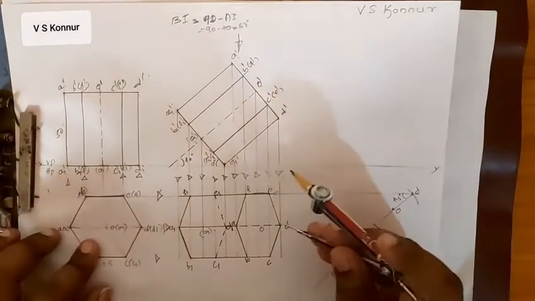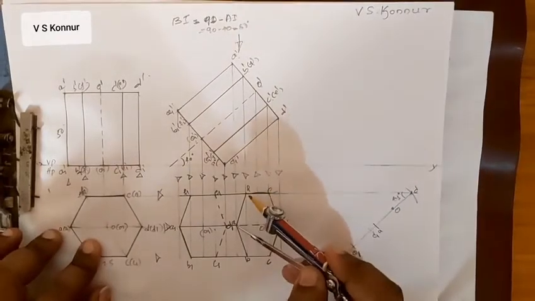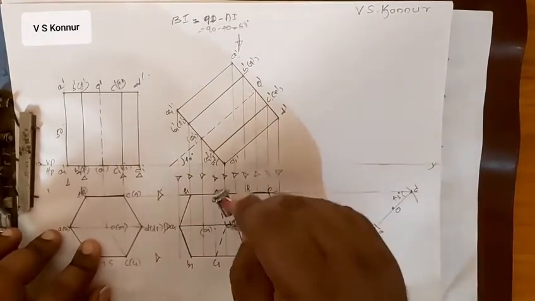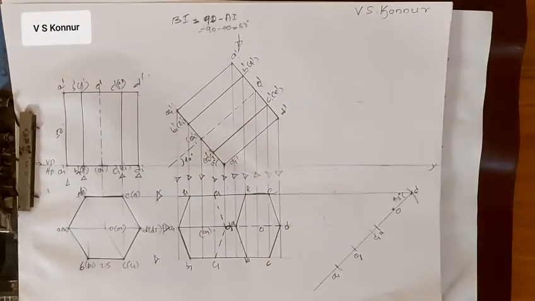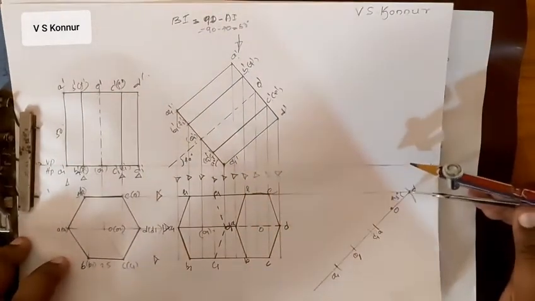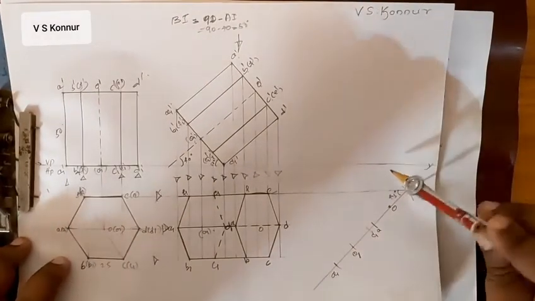Next we'll take D to E. You can take A to F, or D to E1, A to F, or you can take C to D. All these distances are the same. So what I will do is draw arcs from all the points.